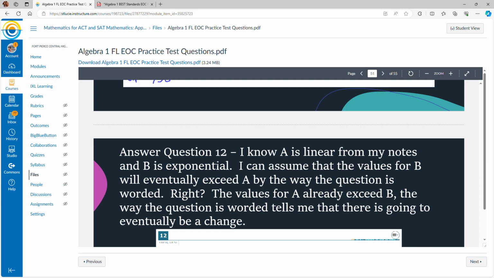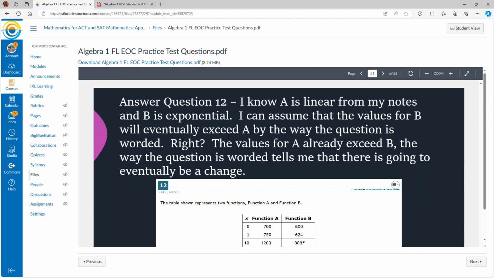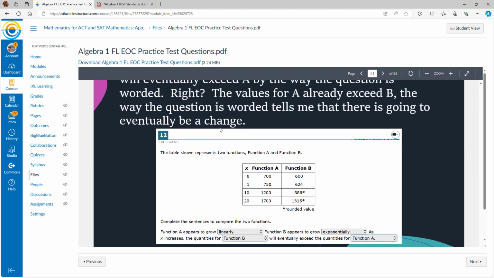And for the question, I know that A is linear from my notes and B is exponential. I can assume that the values for B will eventually exceed A just by the way the question is worded, really, right? The values for A already exceed B. The way the question is worded tells me that there's going to eventually be a change. So I put in function A appears to grow linearly and function B appears to grow exponentially.